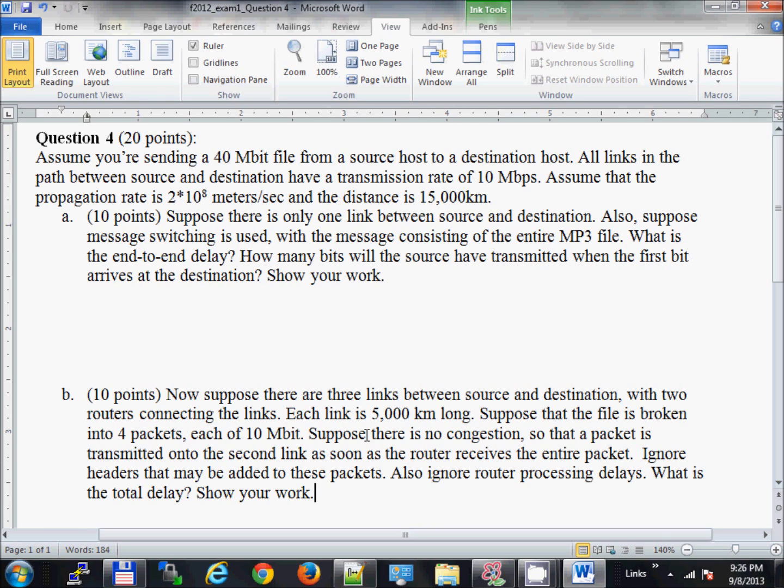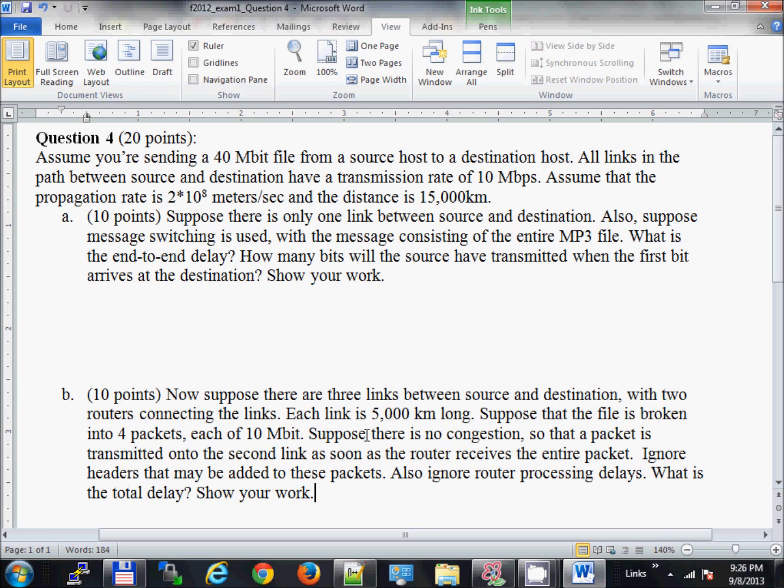It says, assume you are sending a 40 megabit file from a source host to destination host. All links in the path between the source and destination have transmission rate of 10 megabits per second. Assume that propagation rate is 2 times 10 to the power of 8 meters per second, and distance is 15,000 kilometers.